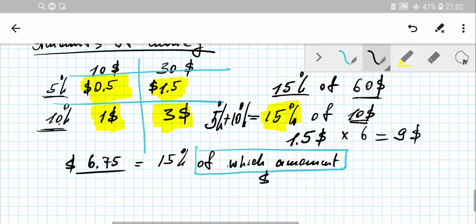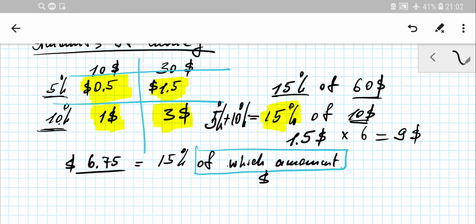6.75. Okay, so what you can do, you're just thinking about, okay, we've got 6.75, and this is the resultant amount of 15%. Of course, you can complete an equation without using the table. So 15% is simply 15/100 or 0.15 of some unknown amount x in dollars, right?